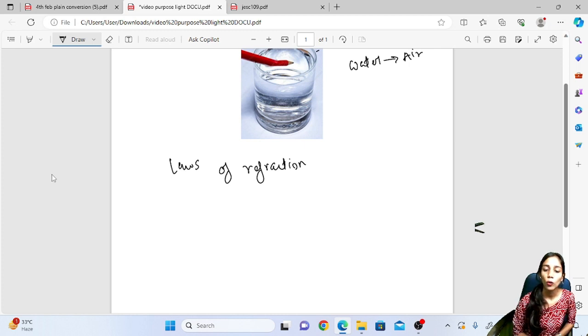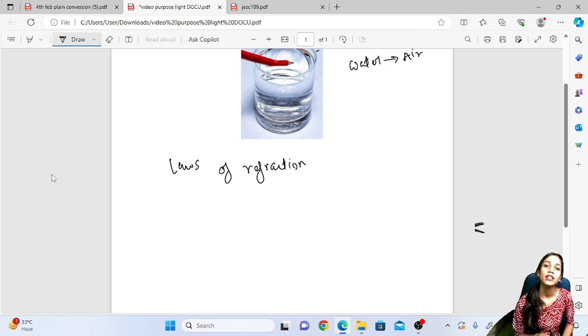Where we said reflected ray in reflection, for refraction we say refracted ray. The first law of refraction says that the incident ray, the refracted ray and the normal at the point of incidence all lie in the same plane.